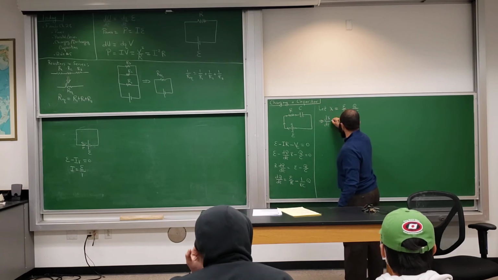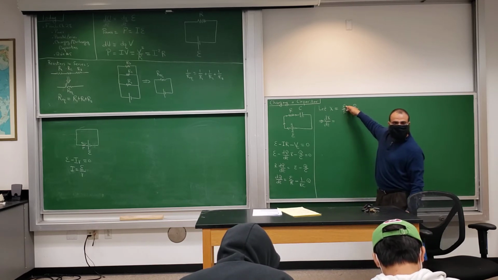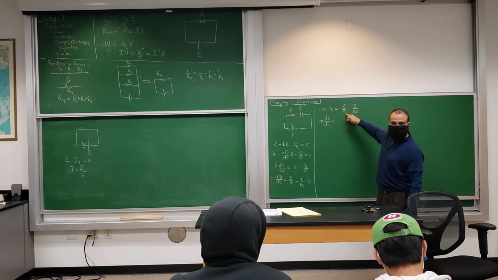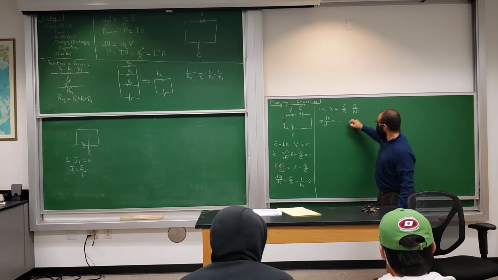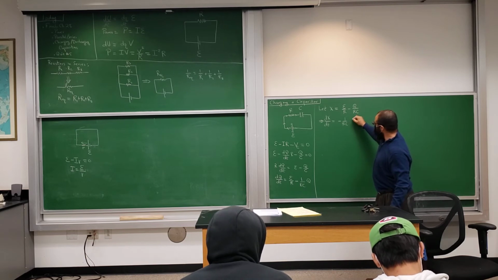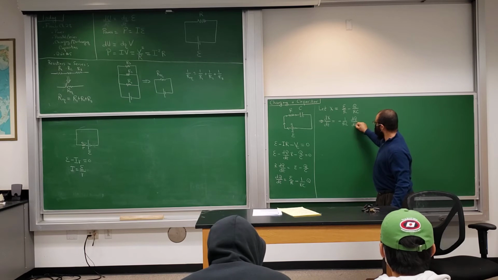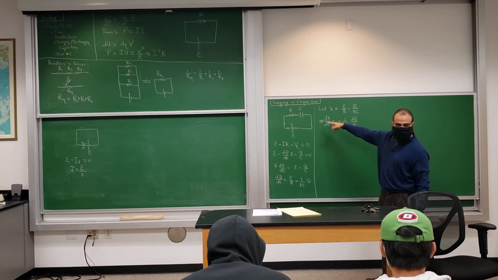Therefore, dx dt will be what? Is the battery EMF changing? No. Is the resistance of the resistor changing? No, it's constant. So all these are constants, so their derivative is 0. You have negative 1 over RC, again a constant, and then the derivative of Q with respect to time is dq dt, right?